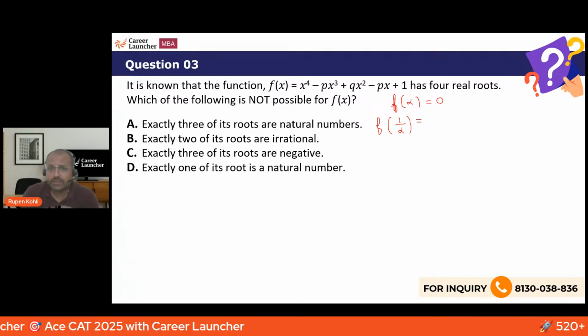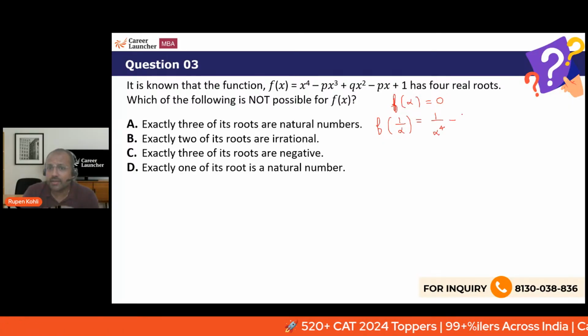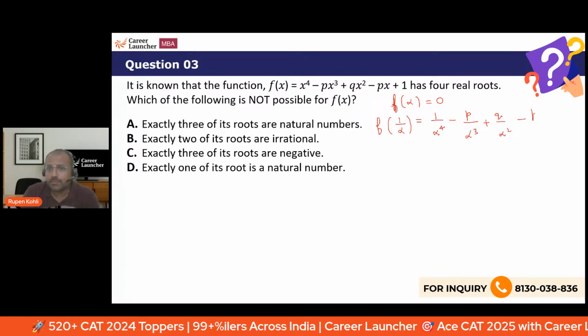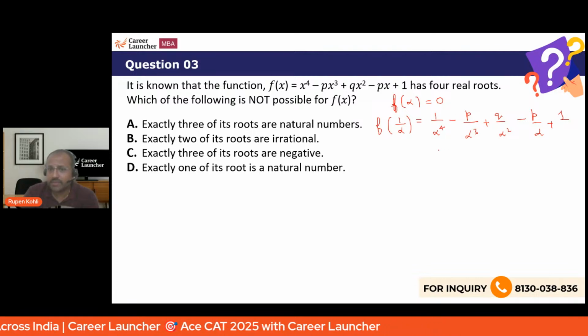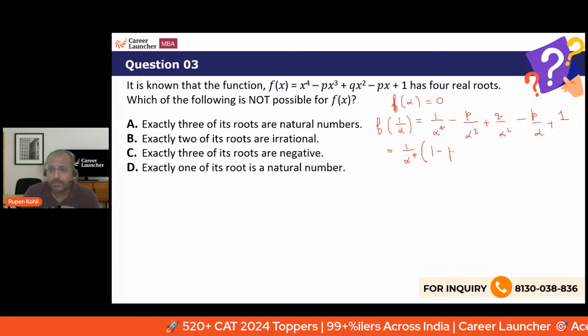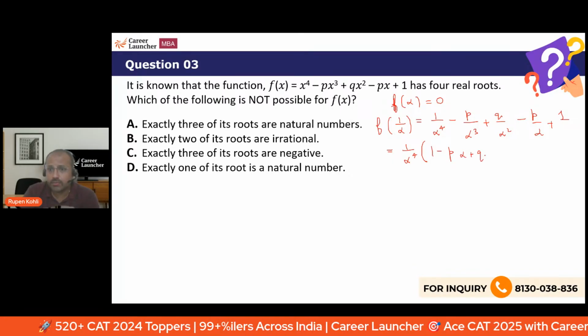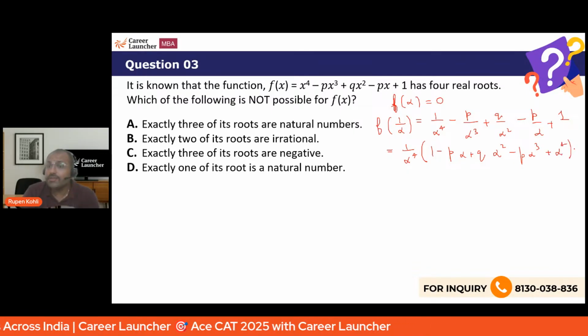If f of alpha is 0, then this expression is 0. Then what is f of 1 by alpha? 1 over alpha power 4 minus p over alpha cube plus q over alpha square minus p over alpha plus 1. If you take out 1 over alpha power 4 common, what you are left with is exactly the same equation that you had initially, which is 1 minus p alpha plus q alpha square minus p alpha cube plus alpha power 4, which is 0 to start with, because you're saying that f of alpha is 0.